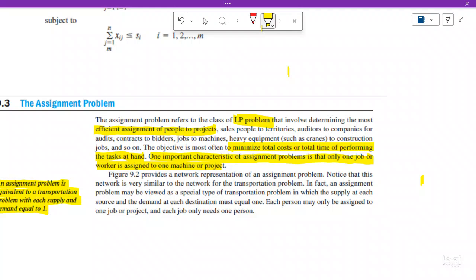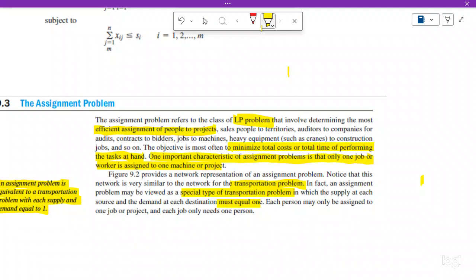Figure 9.2 provides a network representation of an assignment problem. Notice that this network is very similar to the network of a transportation problem. In fact, an assignment problem may be viewed as a special type of transportation problem in which the supply at each source and demand at each destination must be equal to 1.